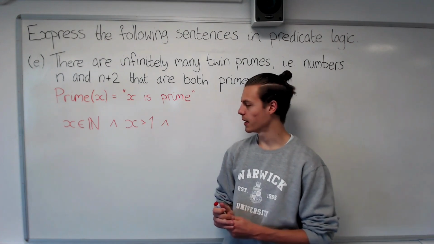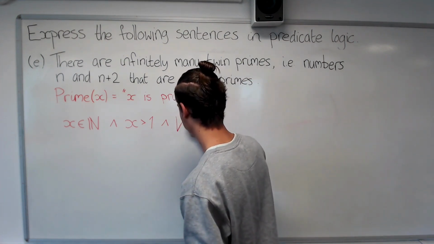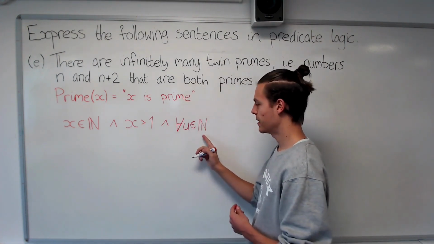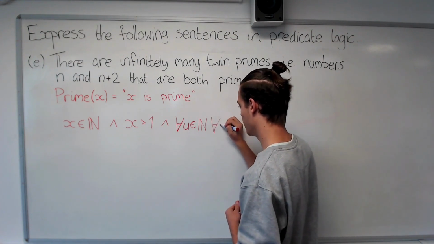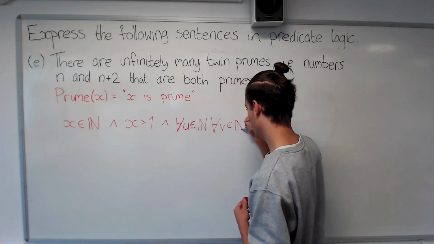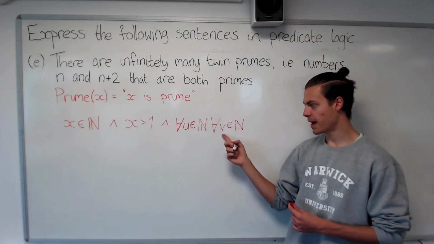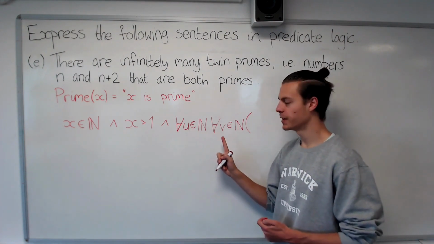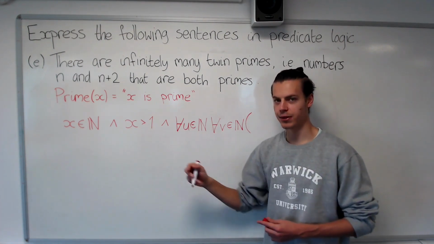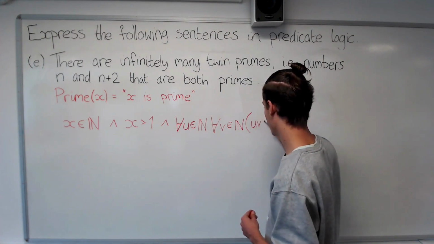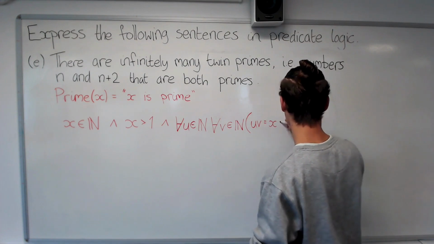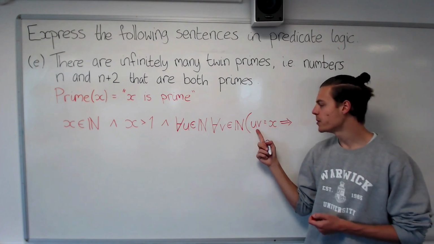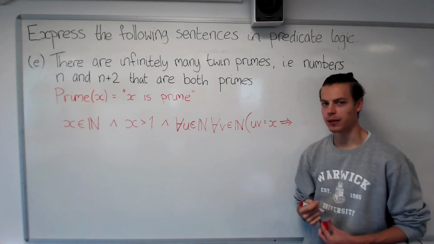Okay? So let's write it like this. For any natural number u, and any natural number v, if u times v is equal to x, then either u is equal to 1 or v is equal to 1.